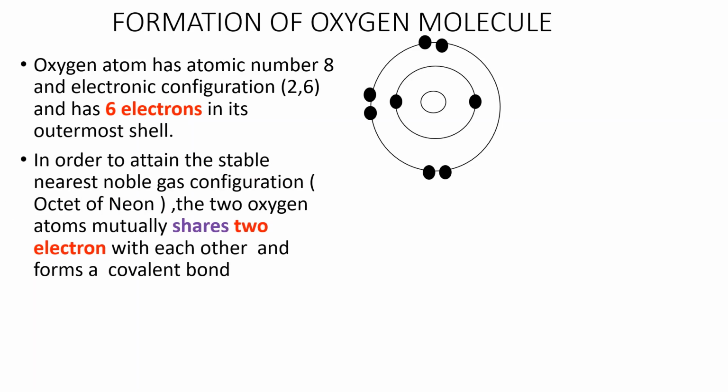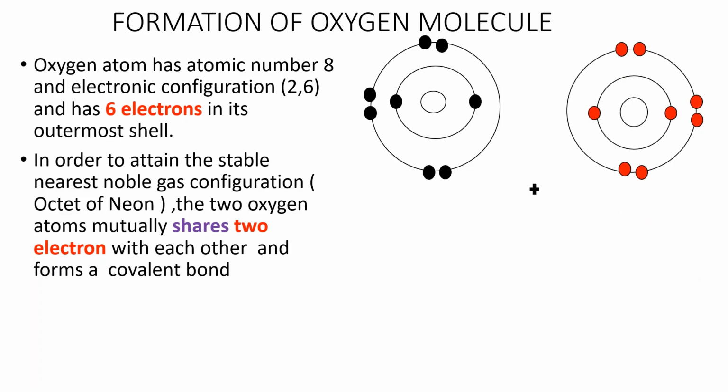In order to attain the stable electronic configuration of the nearest zero group, that is neon, it will require 2 electrons. So each oxygen atom shares 2 electrons with the other and results in the formation of an oxygen molecule.